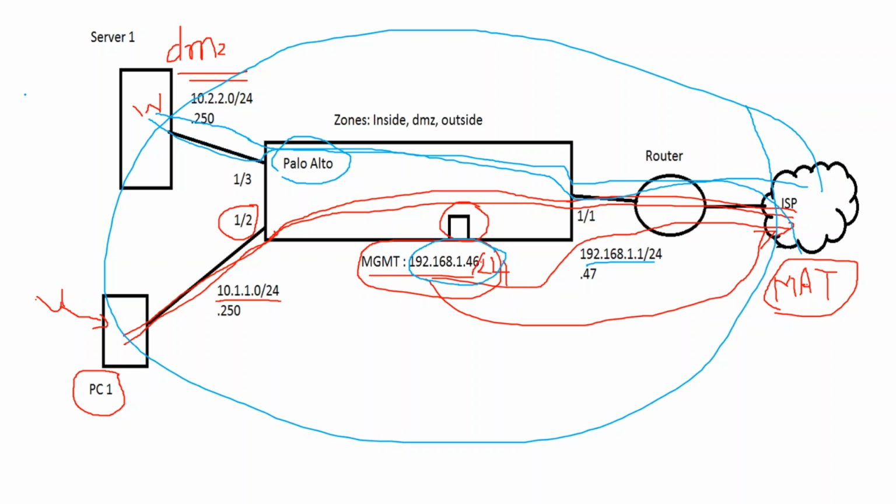Let me choose one more color. Now, in this data plane, how many interfaces are included? Let me choose another color, the dark one. The 1/1, 1/2, and 1/3.